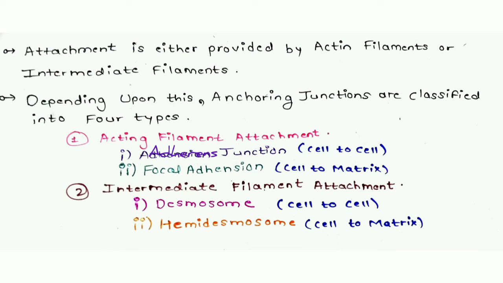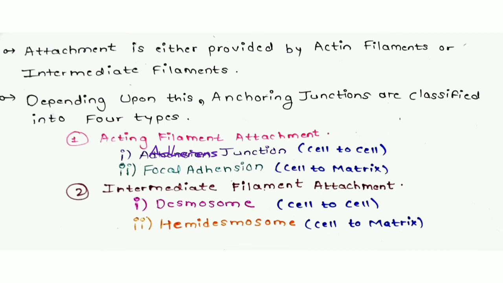The first is adherens junction, that is cell to cell. Second is focal adhesion, that is cell to matrix. And the second type is intermediate filament attachment, that has subtypes. First, desmosome, that is cell to cell, and the second is hemidesmosome, that is cell to matrix. Let's study these four types in detail.